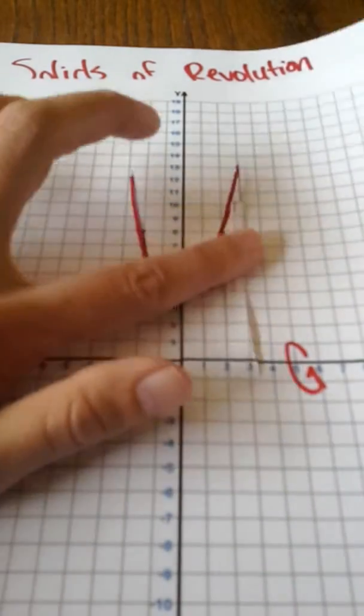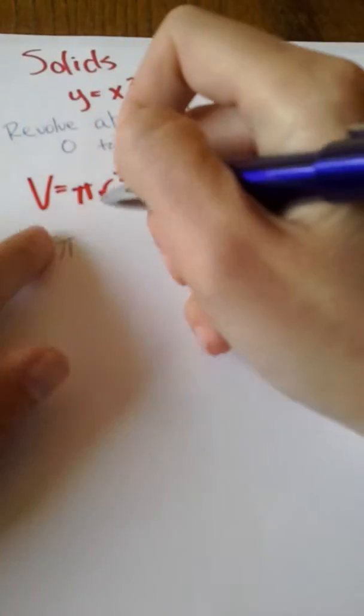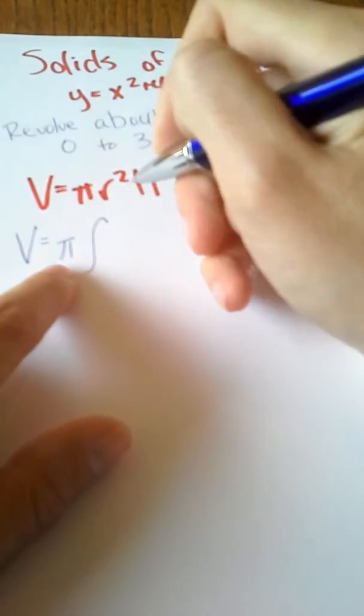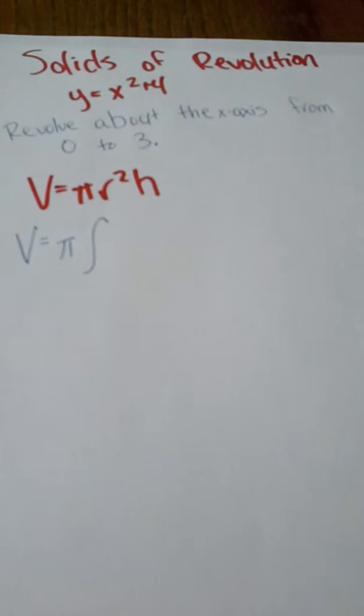So what does that look like? Since we are going to be using cylinders, because that's how we are going to add up the volume of all the different cylinders, we need to know that the volume of a cylinder is given by volume equals pi r squared h. In this case, pi is a constant, so we can just write it there, but we're going to take the integral, because we're going to be adding up all of the cylinders together.